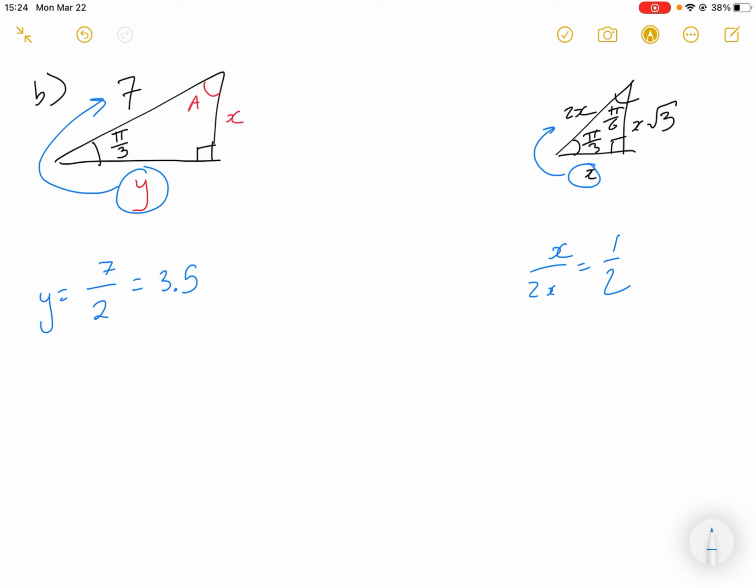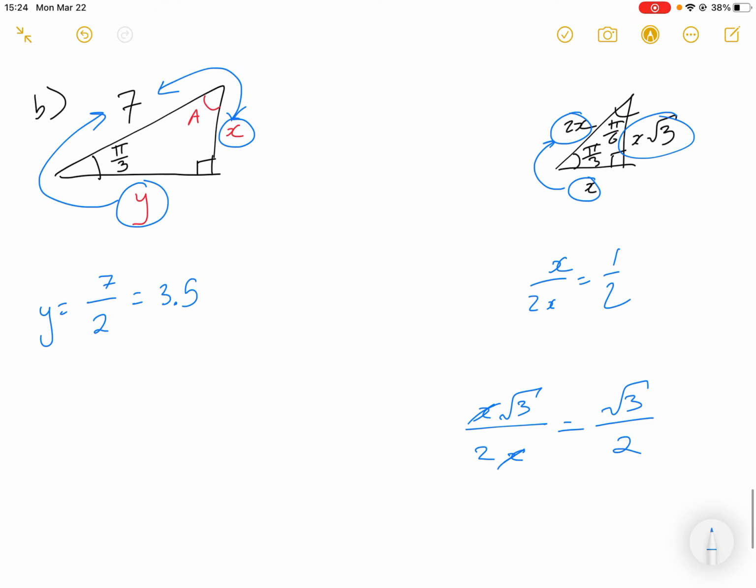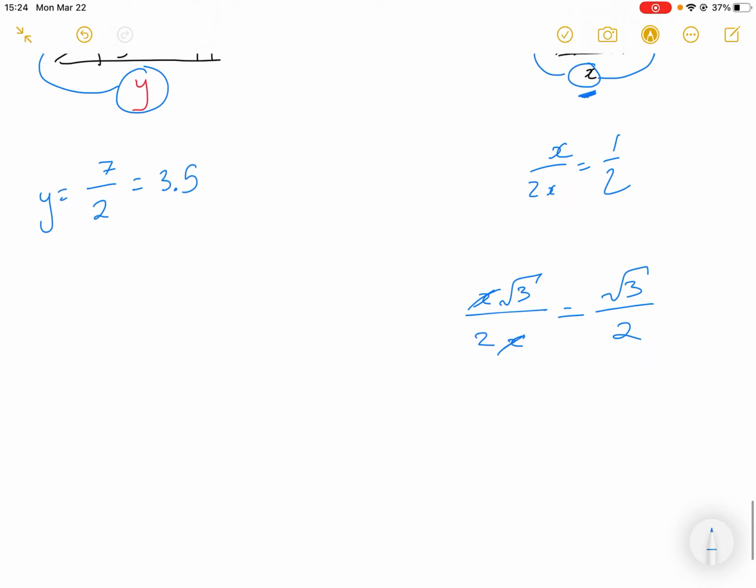X is a little bit trickier, so this right here, it's going to be harder to get these ones. What we have to do is compare these here. So if I did x root 3 over 2x, notice that the ratio is the square root of 3 over 2. Alternatively, you might notice that I could also take whatever this side is and just put a square root of 3 on it.